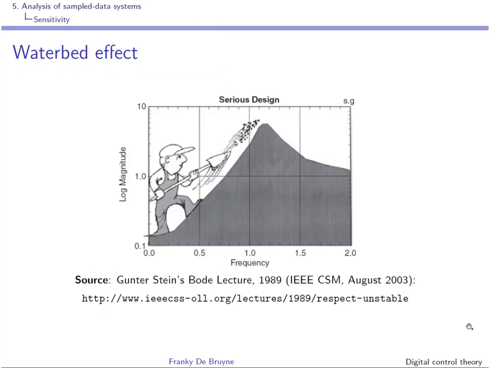There is a nice picture coming from Gunther Stein, and I've borrowed it. You can see the reference over here that illustrates this. If you try to make the sensitivity function small at some regions, you will make it larger in some other frequency ranges.